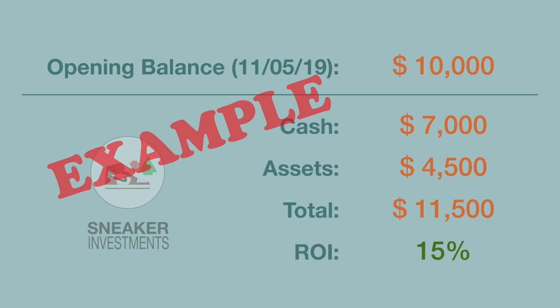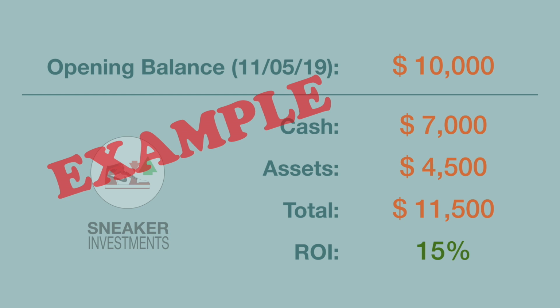Okay, so here is a little example of what this portfolio might look like at any given point in time. Let's pretend that I bought some amount of shoes. Here you can see I'm down to $7,000, which means I must have spent $3,000.